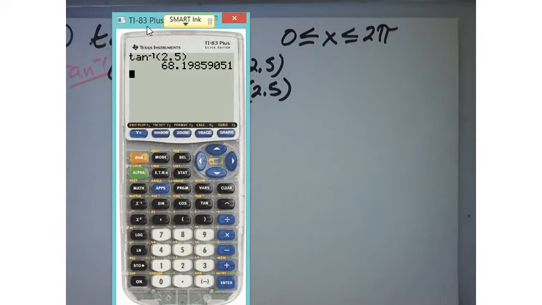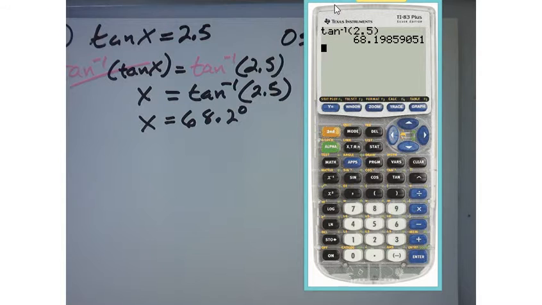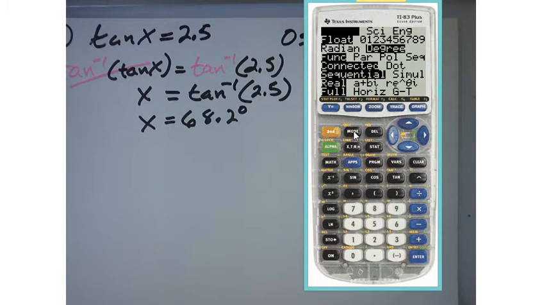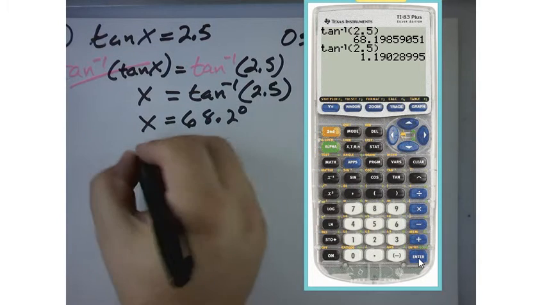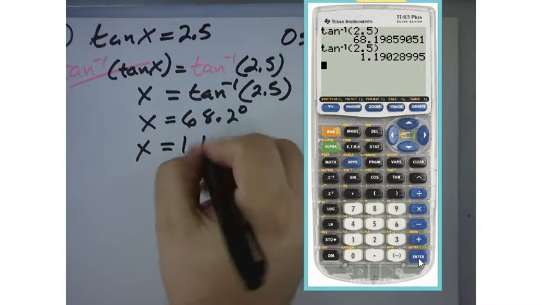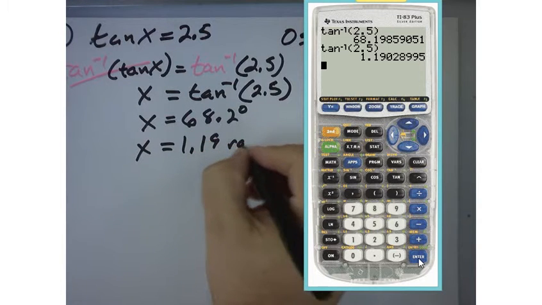So now how do I get this answer in radians though? We could convert, or we could just change our calculator to radian mode, right? So now let's do that again, and we'll get a radian answer. In radians, this will be 1.19 radians.